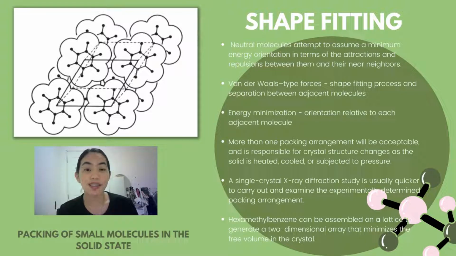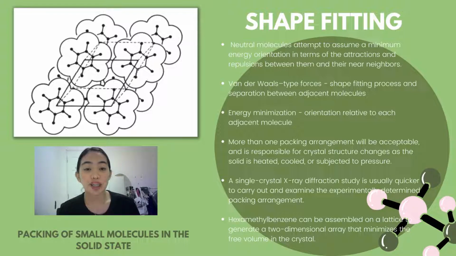Neutral molecules attempt to assume a minimum energy orientation in terms of the attractions and repulsions between them and their near neighbors. Therefore, van der Waals types of forces are the main influence on the shape-fitting process and the separation between adjacent molecules, while the orientation relative to each adjacent molecule is a result of the energy minimization.